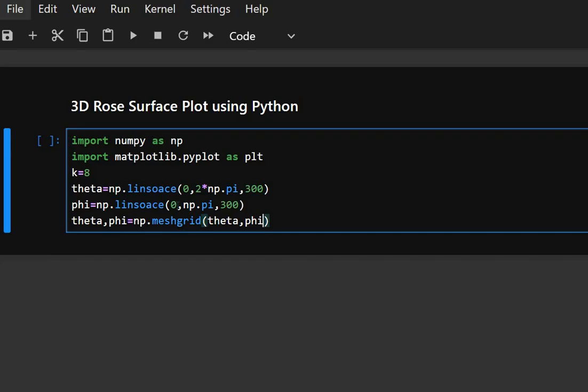And np.meshgrid creates a grid of angle values used for surface plotting.